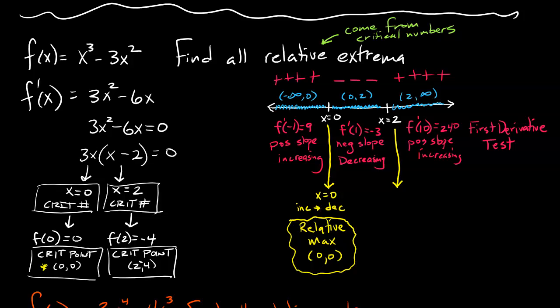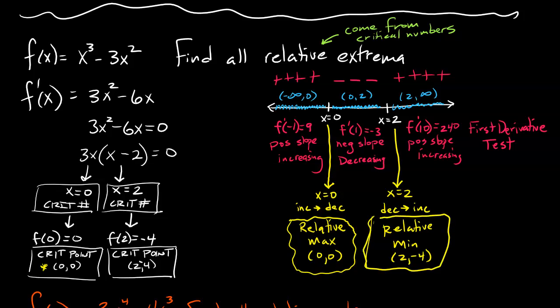And when I look at x equals 2, it went from decreasing to increasing. Decreasing to increasing is a relative min, and that was at the point 2, -4. Now, this example had one of each.